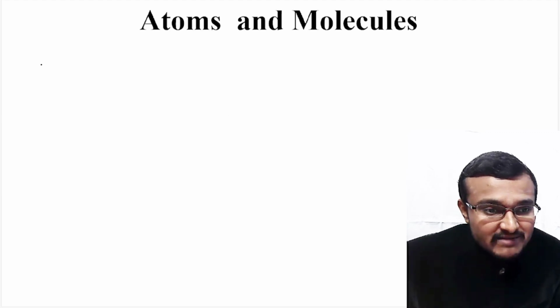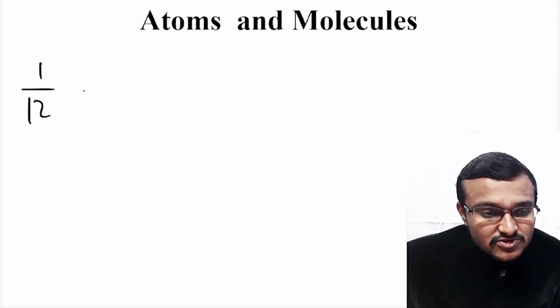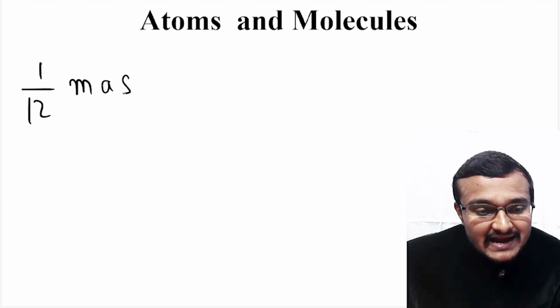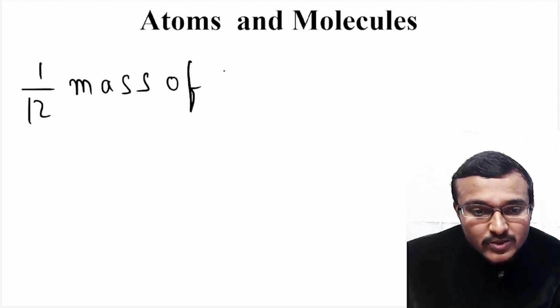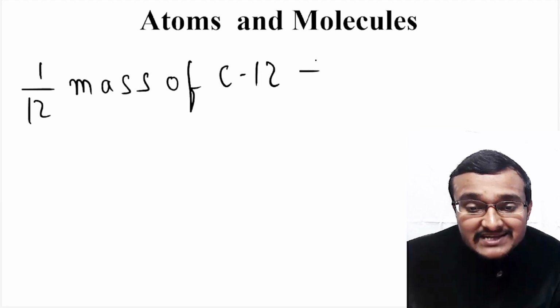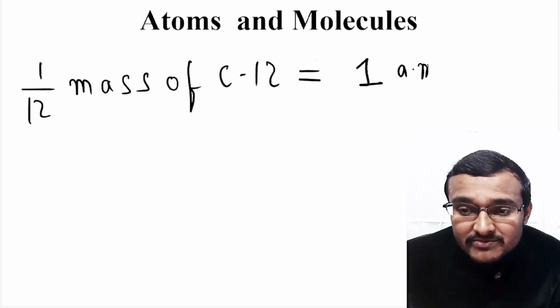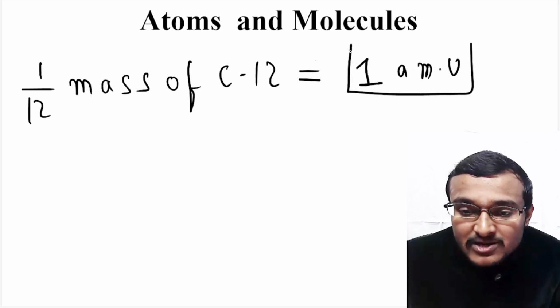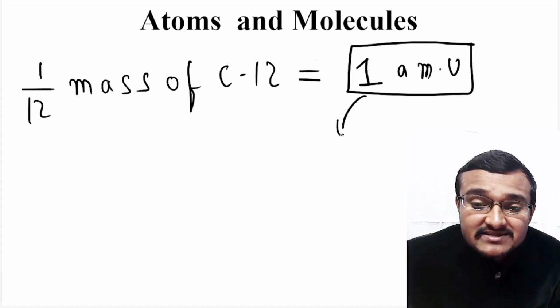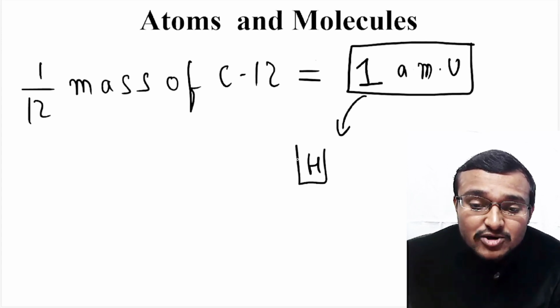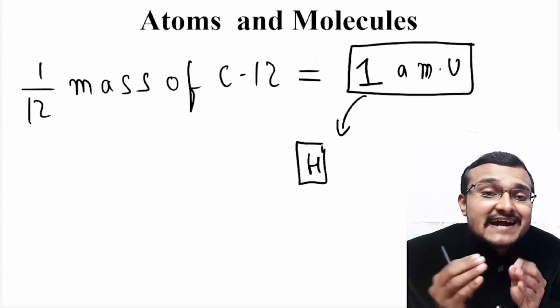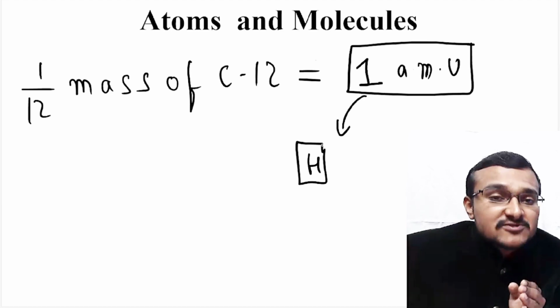So here you should remember 1/12 of the mass of the carbon-12 isotope is equal to 1 atomic mass unit. So this 1 atomic mass unit is the mass of a hydrogen atom, because the mass of a hydrogen atom is 1/12 of the mass of a carbon atom.